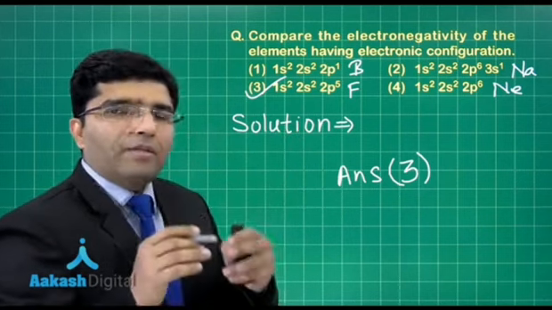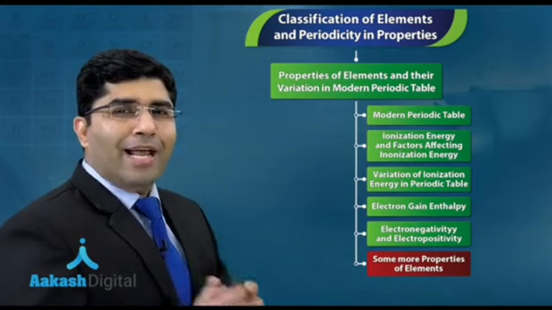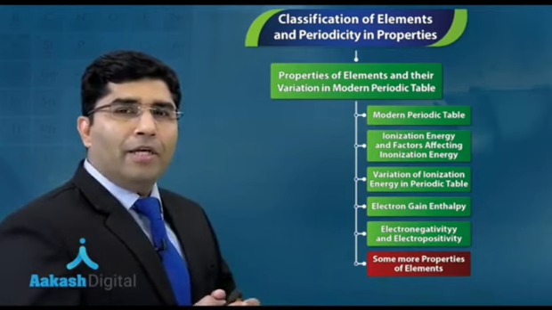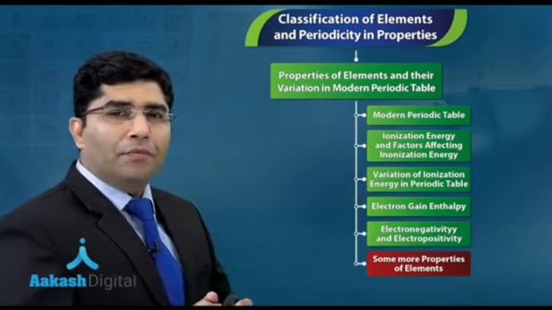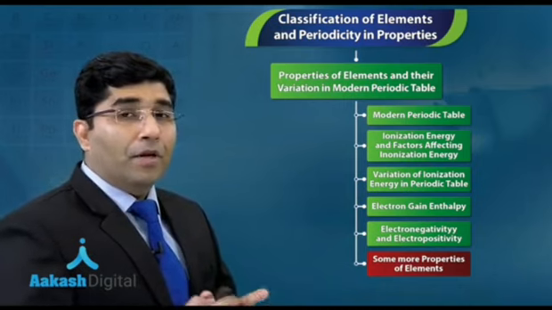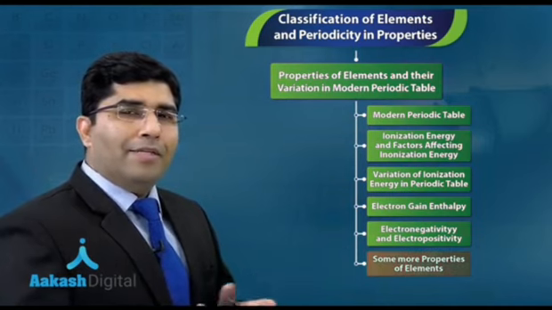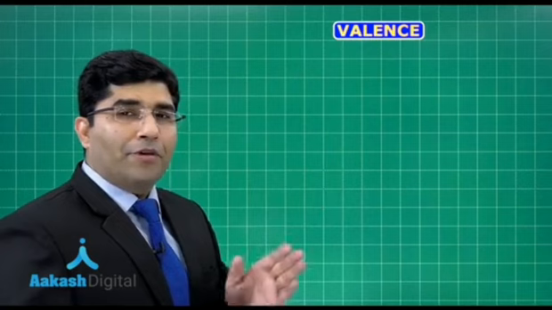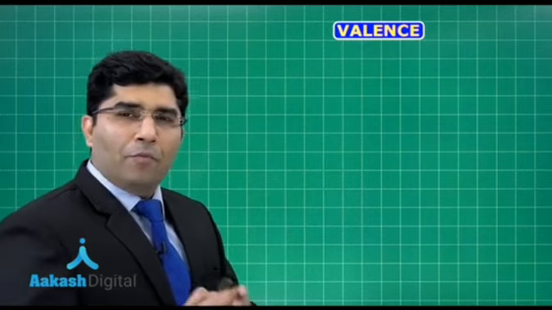So guys, in this lecture, we have discussed atomic radius, ionization energy, electron gain enthalpy, electronegativity, and electropositivity. Now, let's discuss some more properties of elements. The first is the valence, and more often we call it valency.